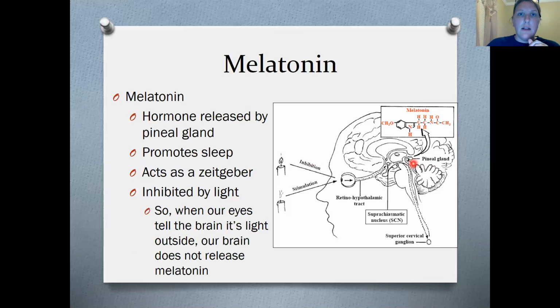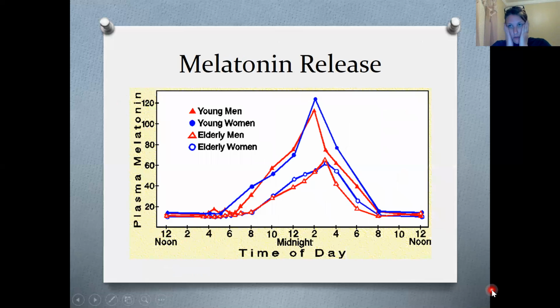Now, another thing that's very important that I want to really punch home. This is a really good, super basic example of melatonin release. Okay? So the red lines are men, the blue lines are women, the triangles represent young, and the circles represent, the red triangle here, okay, so let's just go one by one.